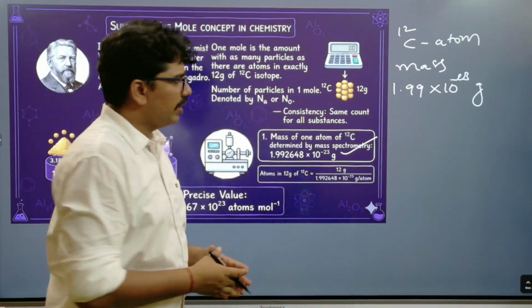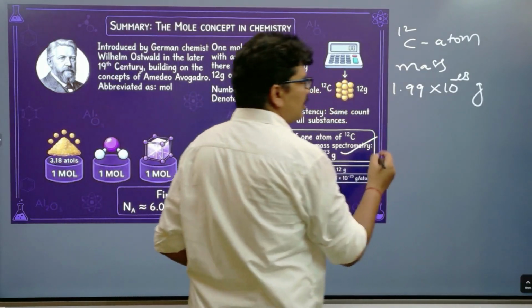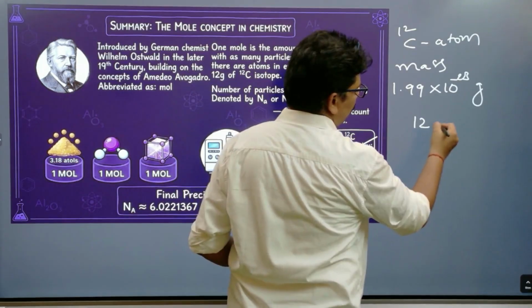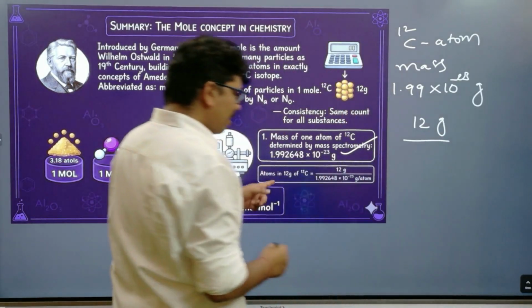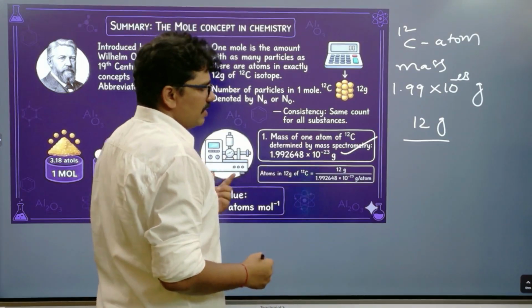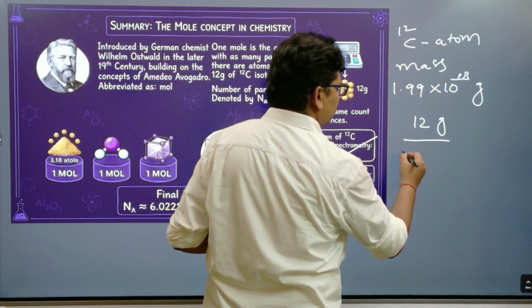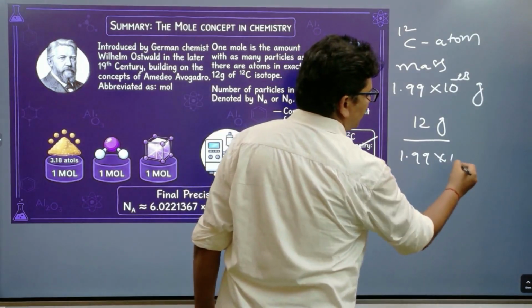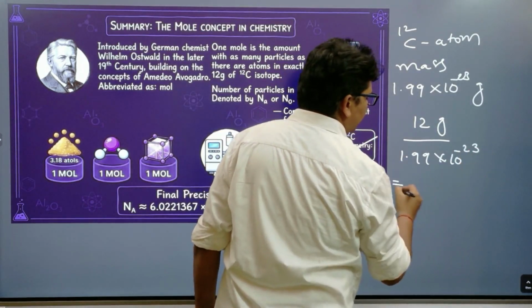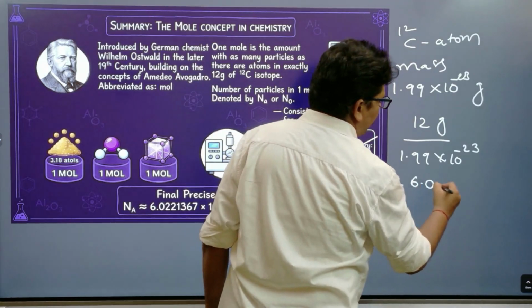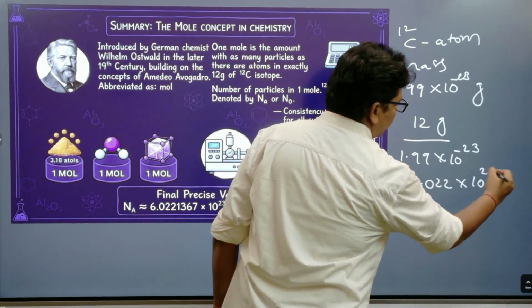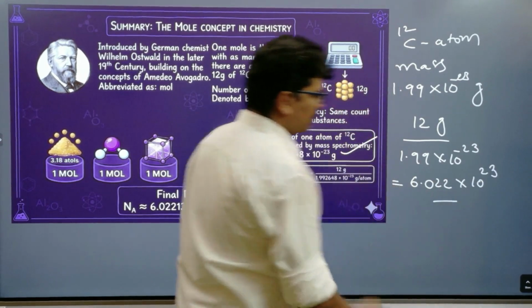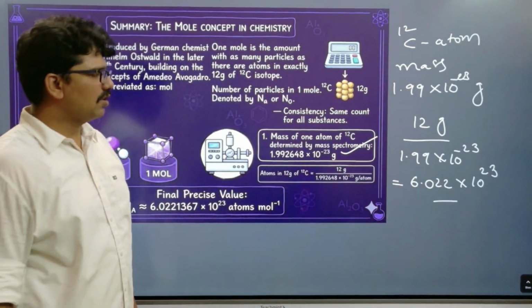How you are getting Avogadro number? Carbon 12 isotope, atomic mass is 12 grams, and one carbon mass, which is calculated by mass spectrometry, that is 1.99 into 10 power minus 23, and this calculation is giving 6.022 into 10 power 23. This is called as Avogadro number or Avogadro's constant.